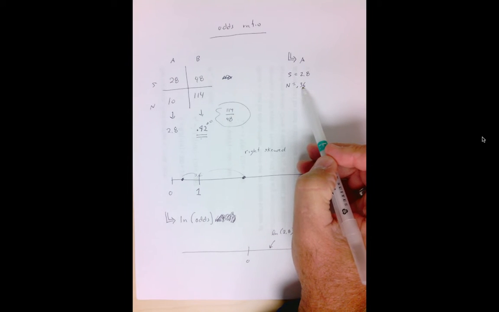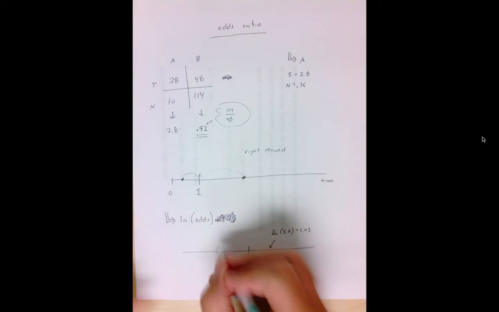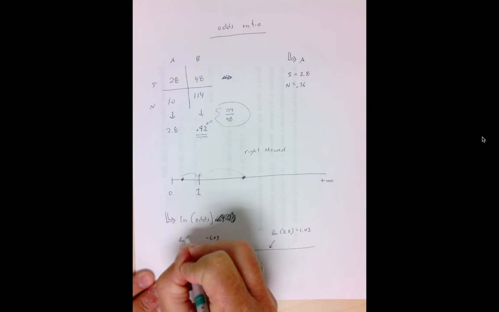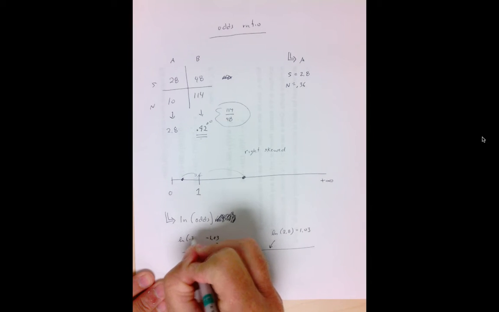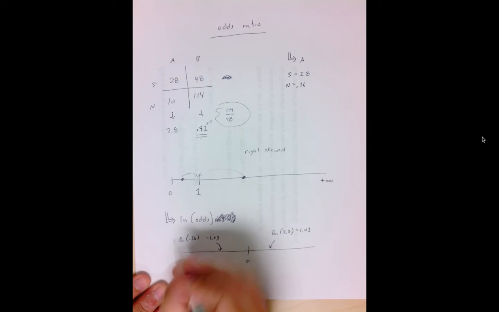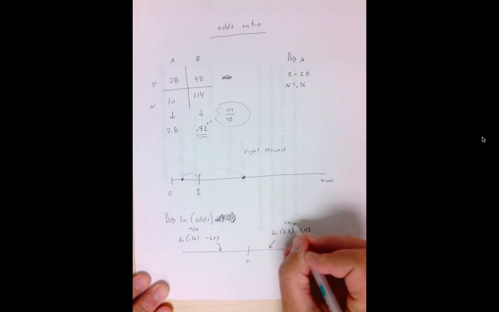If we take the natural log of 0.36, we get negative 1.03. Now guys, remember the 0.36 is just 10 over 28, and this is just 28 over 10.